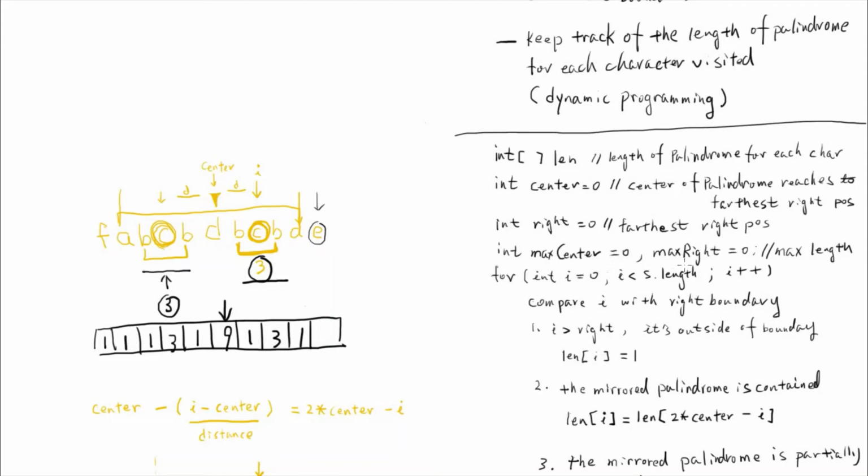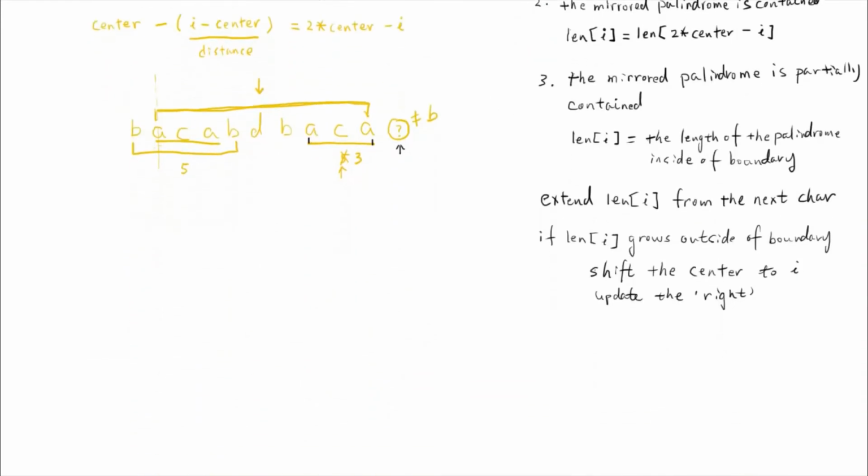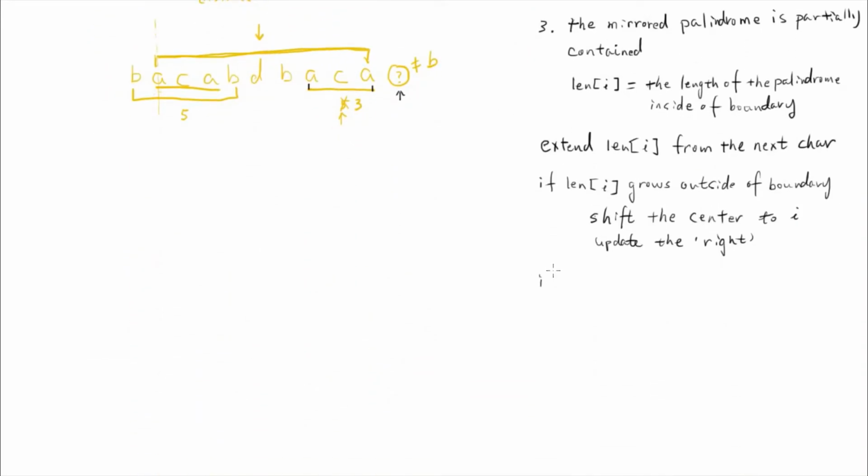Then we use these two values to calculate the length. So here, if length I is greater than max length, then we will update max center and the max right.